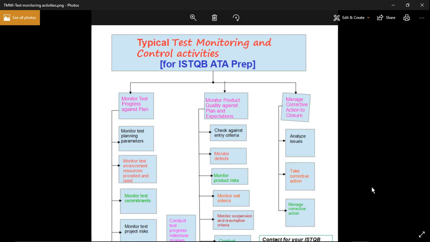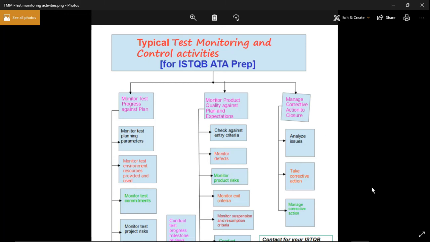And second task is monitor test environment resources provided and used. Let us say test environment resources are hardware, software, such kind of things, and you can monitor those.